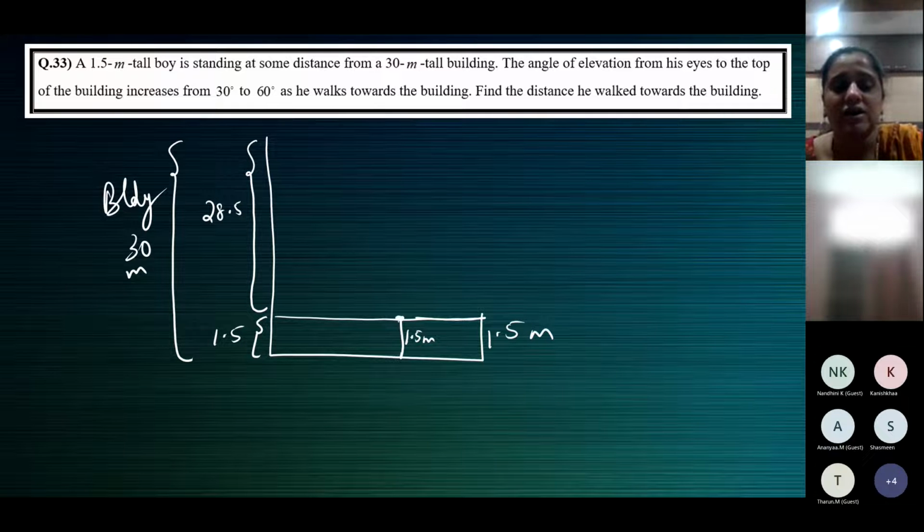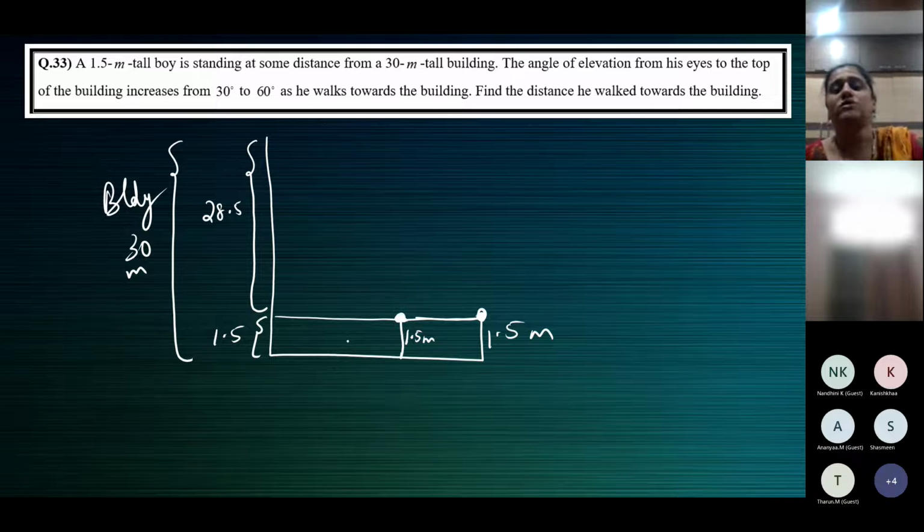This is the original position of the boy, and this is the new position. He is moving towards the building. And you can see that the elevation increases because he has to look higher to look at the top of the building.